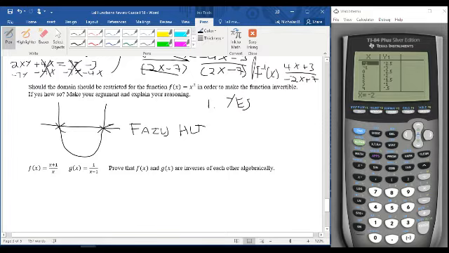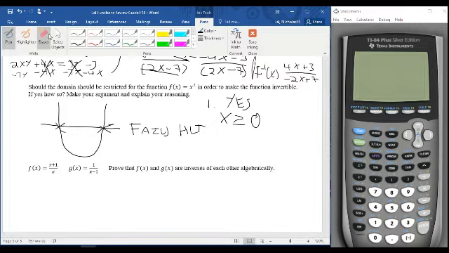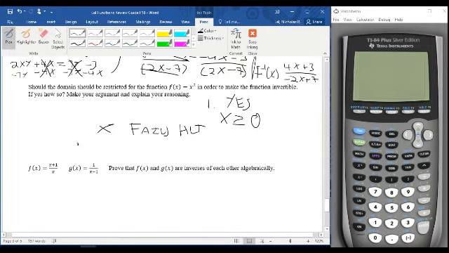If yes, how so? Make your argument, explain your reasoning. Well, if we restrict the domain so that x is greater than or equal to 0, essentially restricting the domain so that we only have for our parabola this part, then f of x does not fail the horizontal line test.